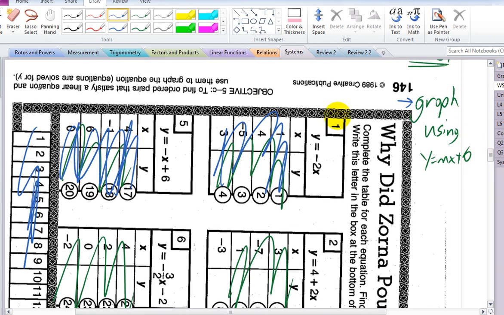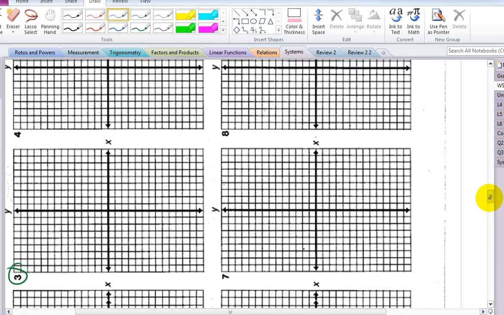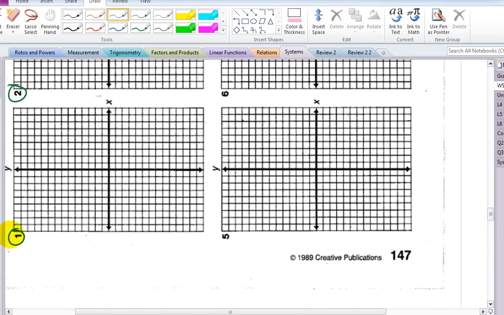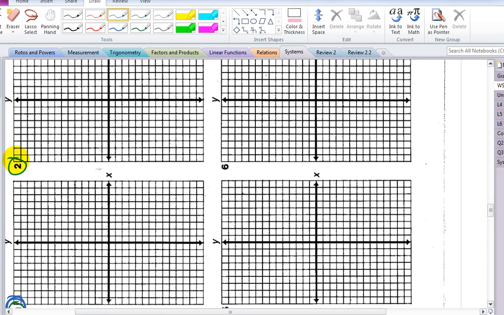What you're going to do is graph this. Here's equation 1. You're going to graph equation 1 on the back side on grid 1. Any ideas on what you're going to graph on grid 2? What are you graphing on grid 2? Equation 2. Where are you going to graph equation 4?